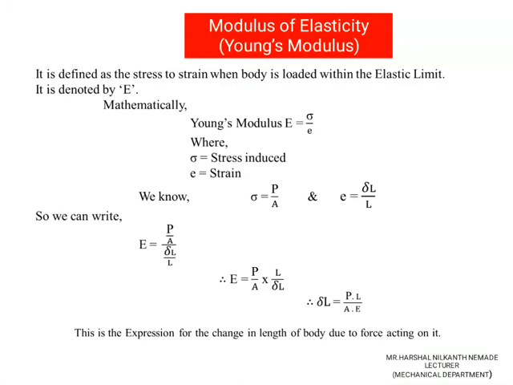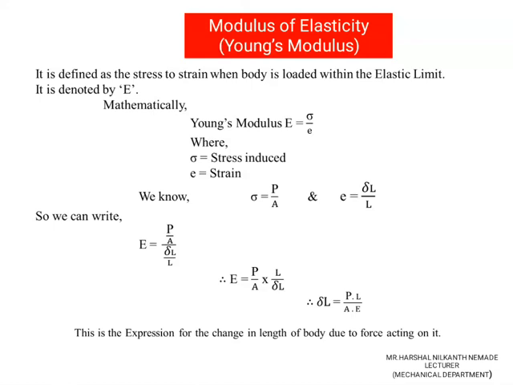Modulus of elasticity or Young modulus. It is defined as the ratio of stress to strain when a body is loaded within the elastic limit. It is denoted by capital E. Mathematically, Young modulus capital E is equal to sigma upon small e, where sigma is stress induced and small e is strain.